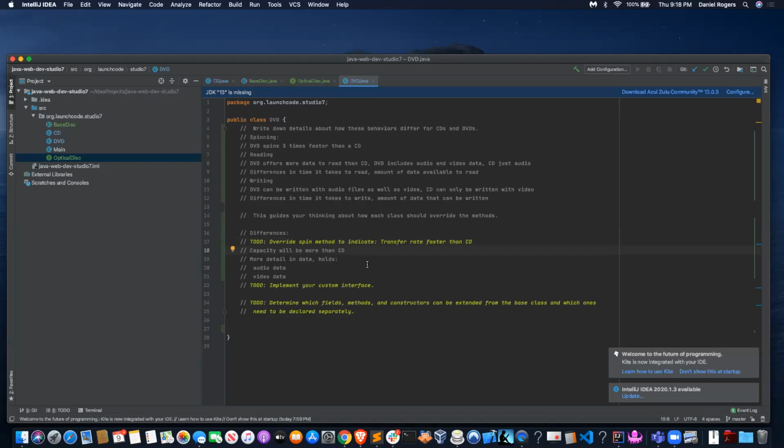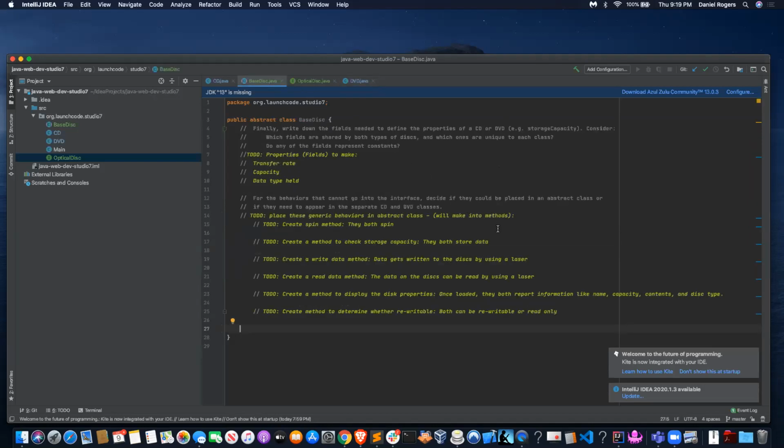One question, just to make sure I'm understanding the implemented interface correctly. Say we have the CD class, right? No, which one are we using as the base? Base disk. Okay, say we're using base disk, and base disk implements an interface, whatever it happens to be, right?